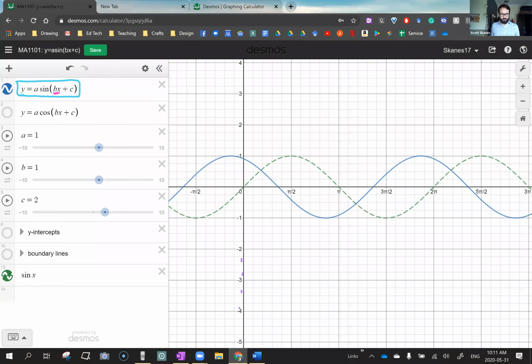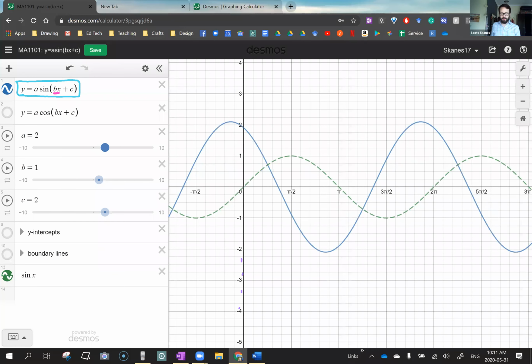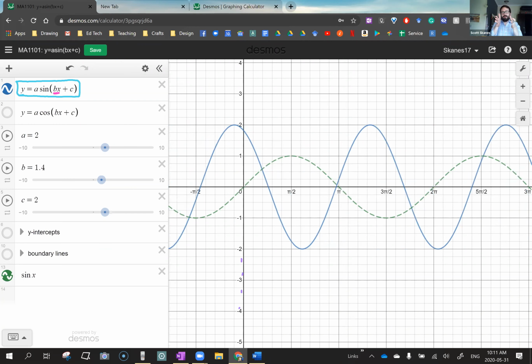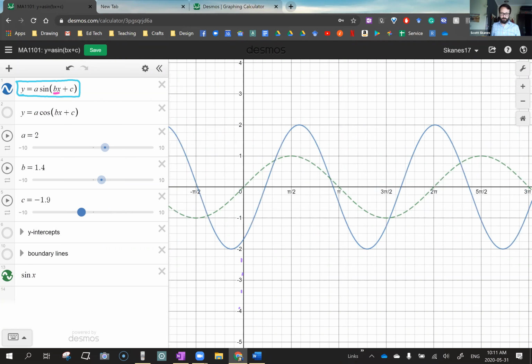So in summary, if I mess with the A value, it makes it taller. It increases what's called the amplitude, the height, or the stretch. If I change B, it messes with the size of it. It's a horizontal stretch instead of a vertical stretch. And if I mess with C, it goes back and forth.